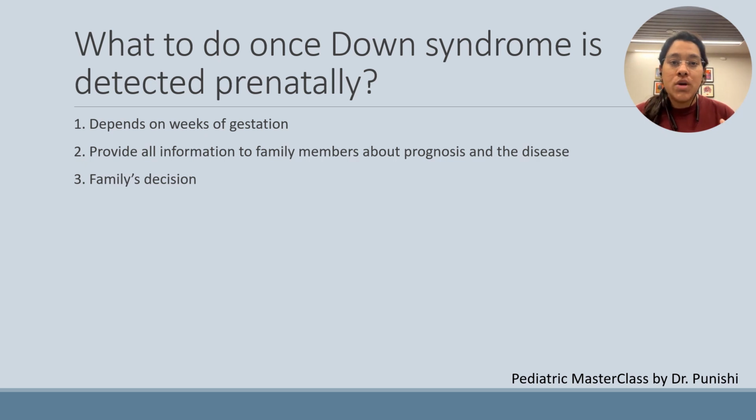Depending on the weeks of gestation at which you do the test and get the results, the decisions have to be taken accordingly. The next point is it is very important for us to provide all necessary information to the family as to what exactly is Down syndrome, what are the associated comorbidities, what other systemic illnesses can the child have as the kid grows, what is the prognosis.